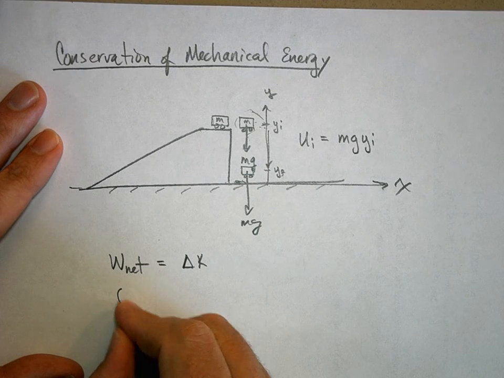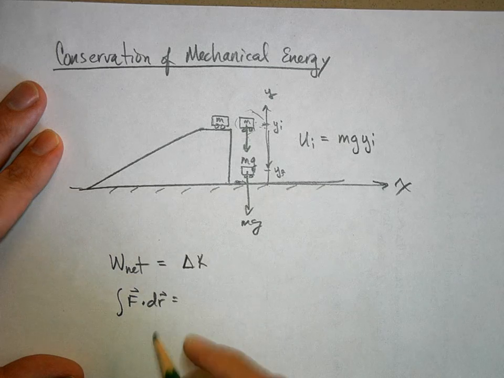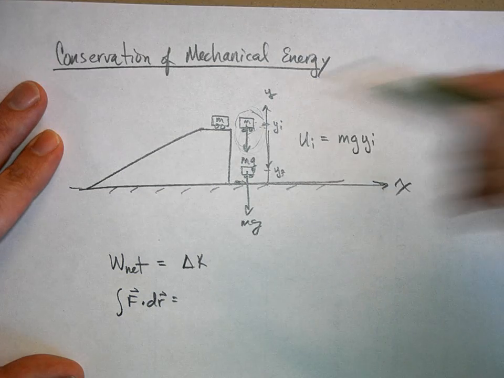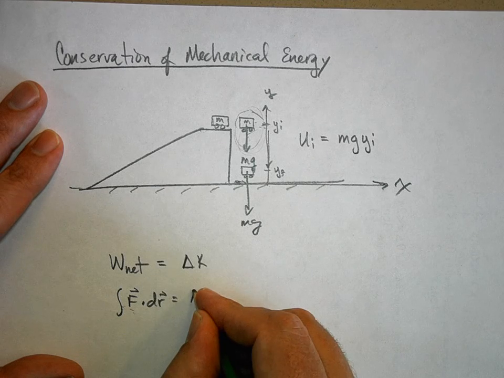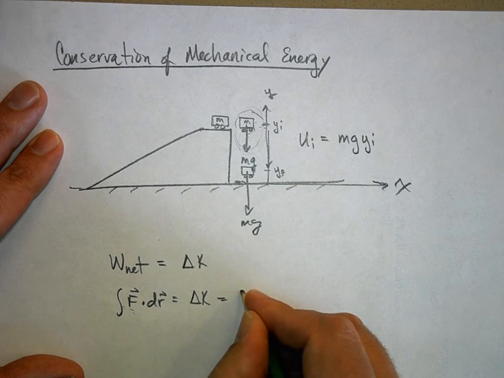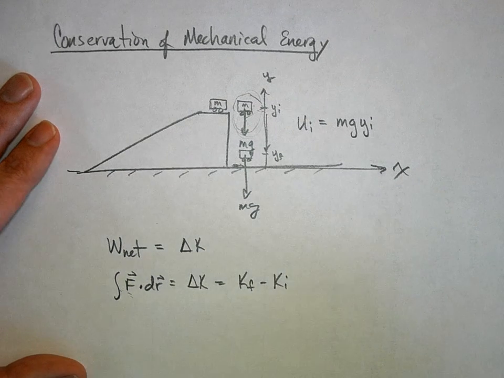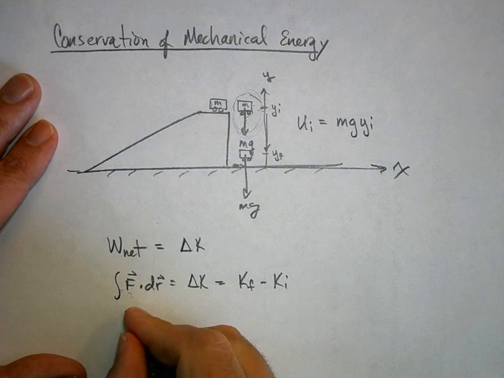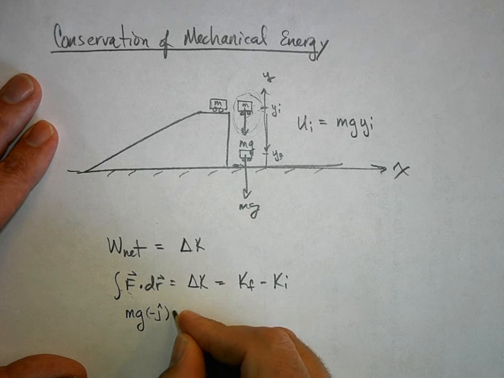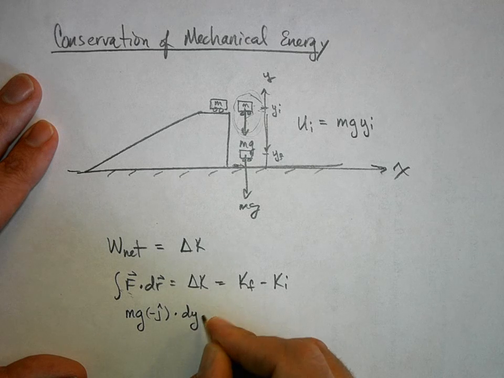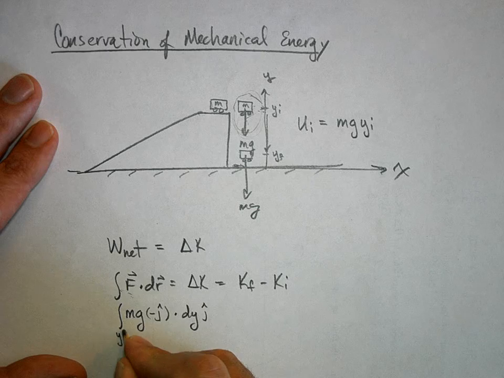Let's start off with the integral of F dot dr. I think you can agree with me that gravity here is the net force, and that's going to be equal to the change in kinetic energy, K final minus K initial. Am I still on screen? Yeah. Okay. Well, what's the force? The force is mg in the negative j hat direction, dotted with dy in the j hat direction, and we go from y initial to y final.